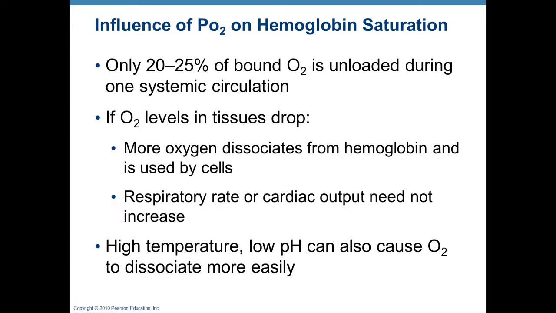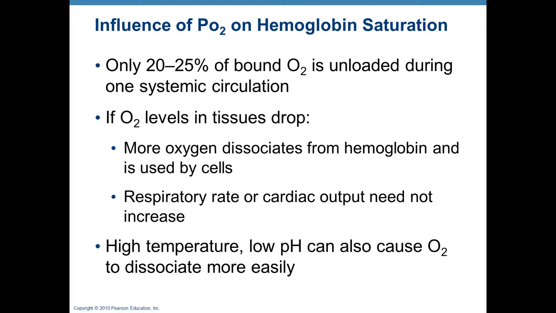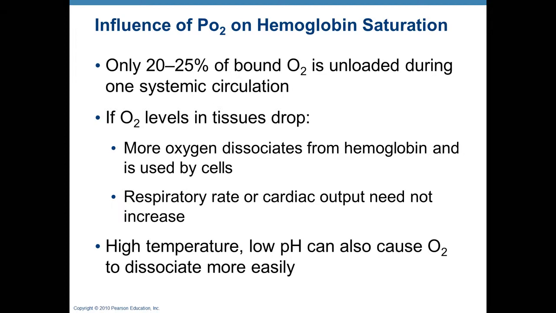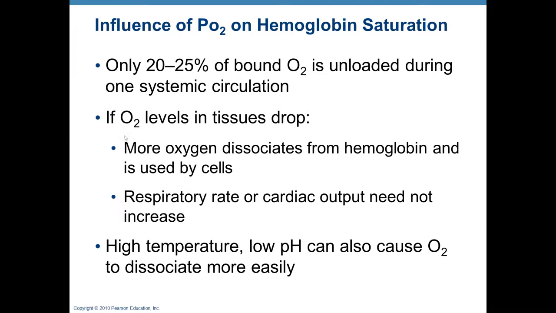However, let's say you need to oxygenate your tissues to greater levels, like let's say you're exercising, for example. If you're exercising, you're using up more oxygen gas in your skeletal muscles and some other tissues as well, because they're doing more cellular respiration. They got to make more ATP. They consume that oxygen gas.